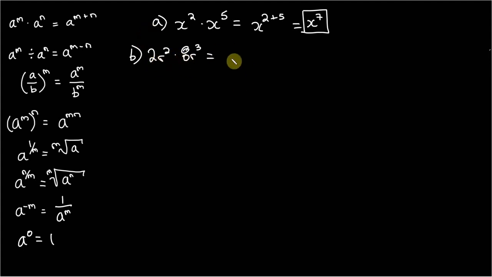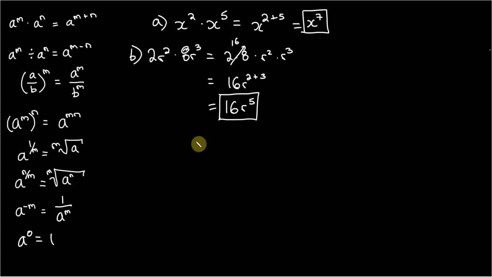So what this will equal, I'll write it all out so you can see, is 2 times 8 times r squared times r cubed. 2 times 8 is 16, so this is going to be 16r^(2+3), as the product of powers property states. And so what we're left with is 16r raised to the power of 5.